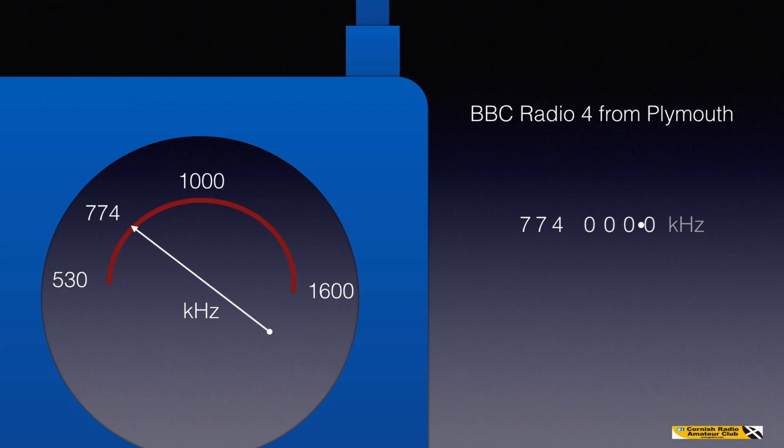And once we've done that, we can rewrite it then as 774,000 Hertz. And that is a more realistic frequency to tune to than the 5 Hertz that I used illustratively in previous slides.